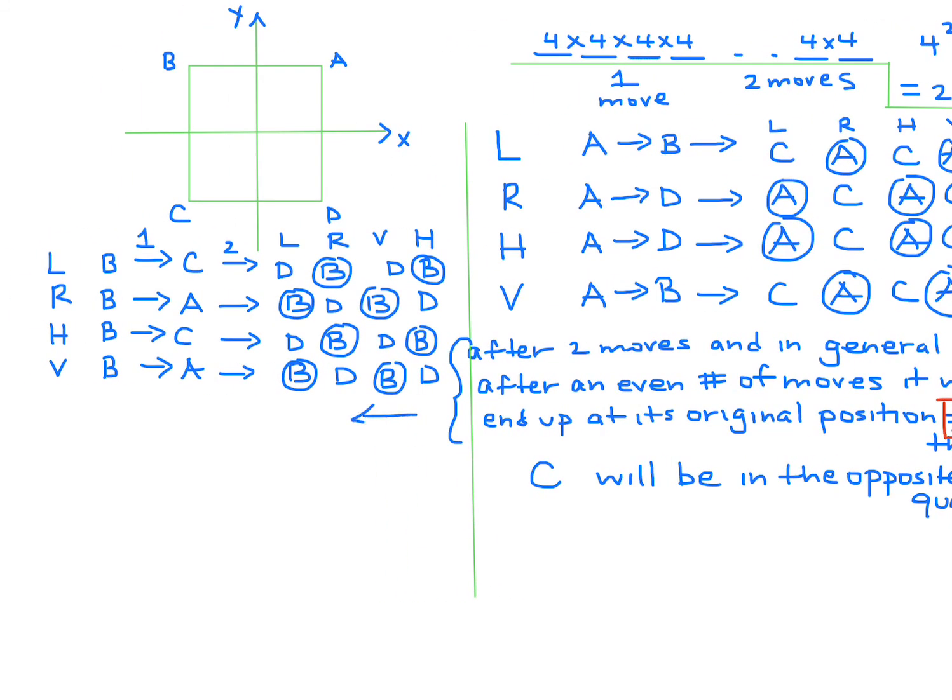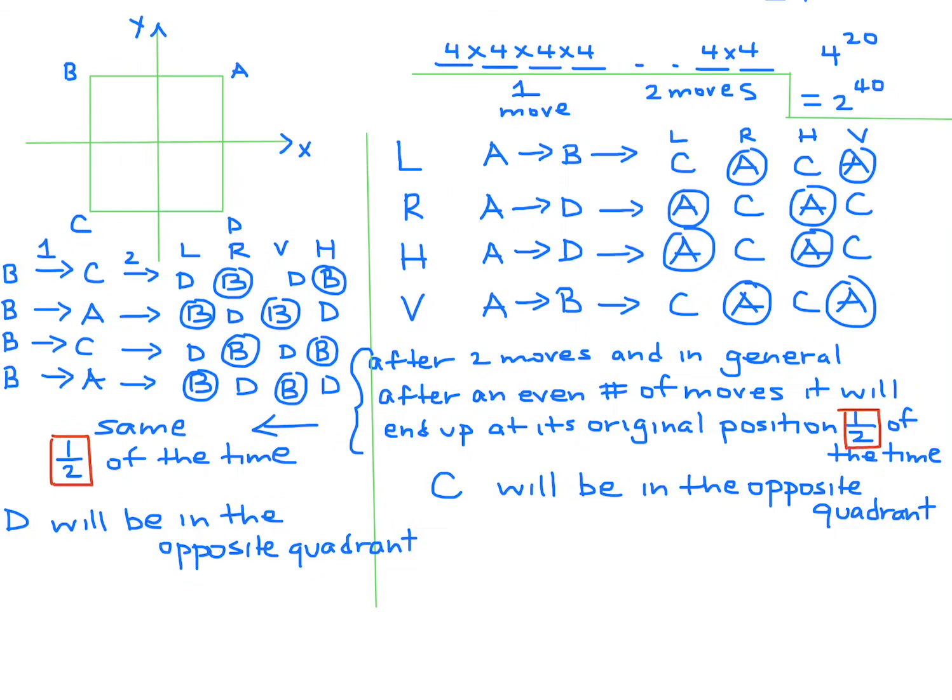So the same story here, 1/2 of the time you will be back into the original position. Okay, and just for the sake of completeness, I've got to write in, just like how I did here, that D will be in the opposite quadrant.